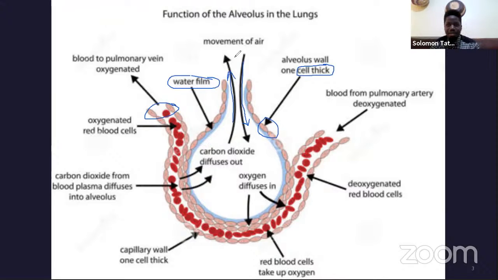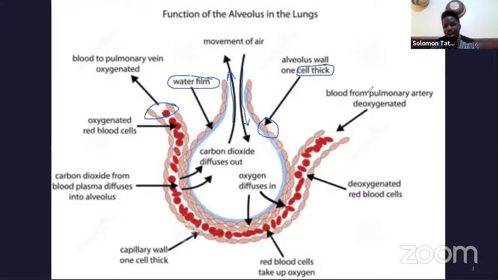Let's see, someone has typed in the heart. Yes. So the pulmonary vein is heading to the heart to make sure that the heart pumps it to the rest of the body, because now it is done getting oxygen. The purpose of the pulmonary vein is to bring oxygen to the heart, then the heart pumps it out to the rest of the body.